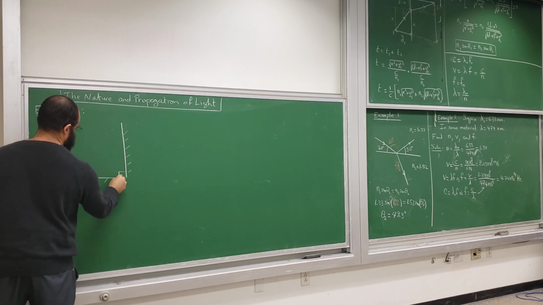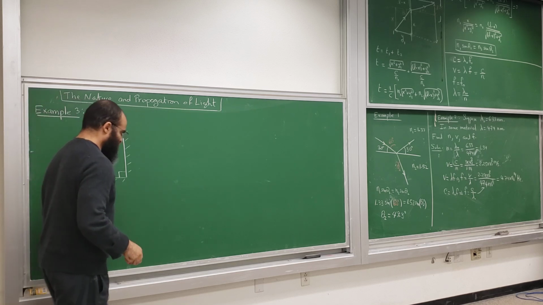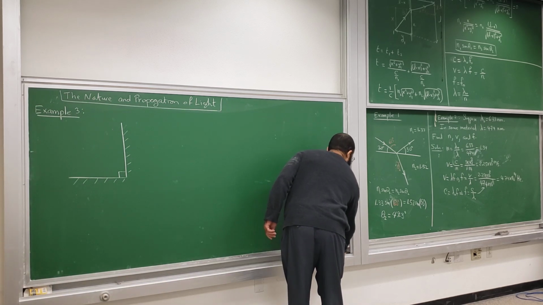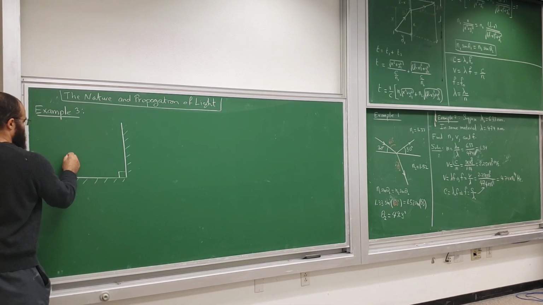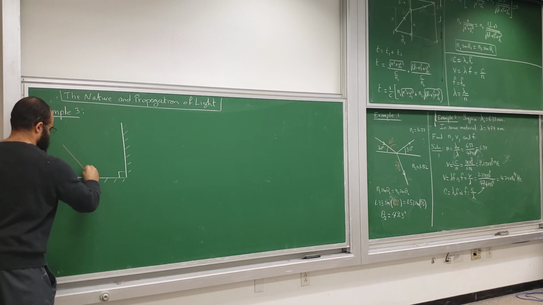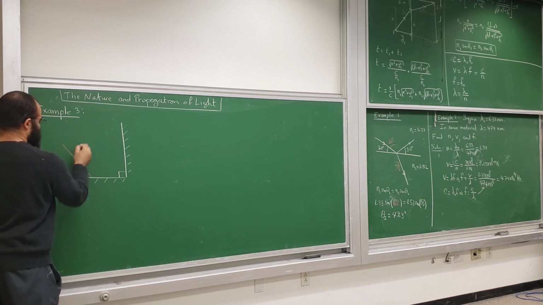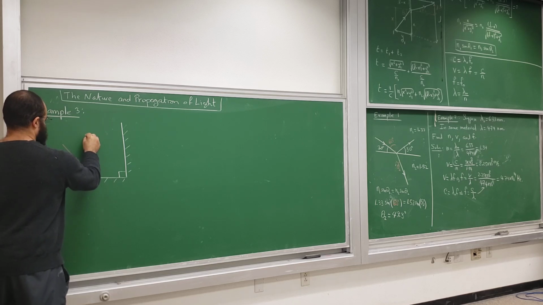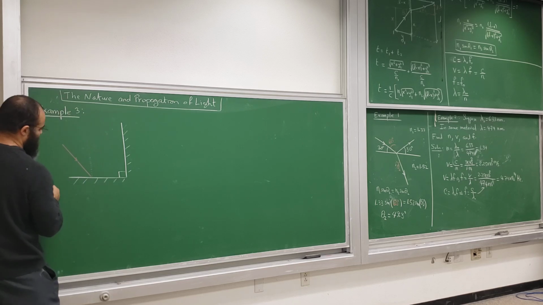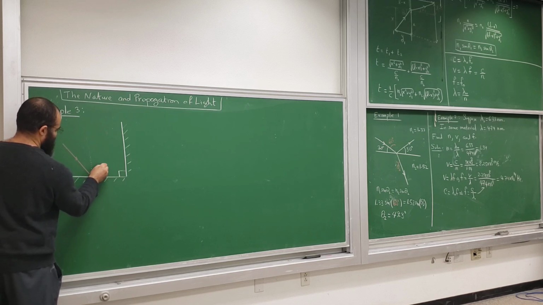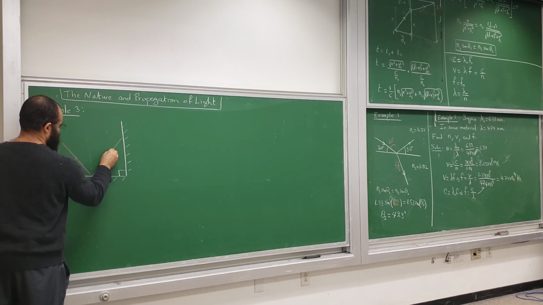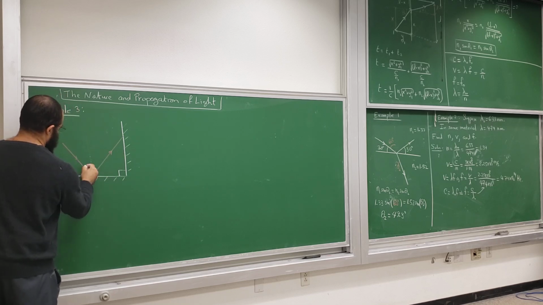So light comes in like so. Let's say it comes in at this angle. What happens to it when it hits the mirror? Reflects, okay? Reflects at the same angle or different angle? Same angle. Good. Okay, that's the angle. So let's say this is theta 1. Then this also is theta 1, right?